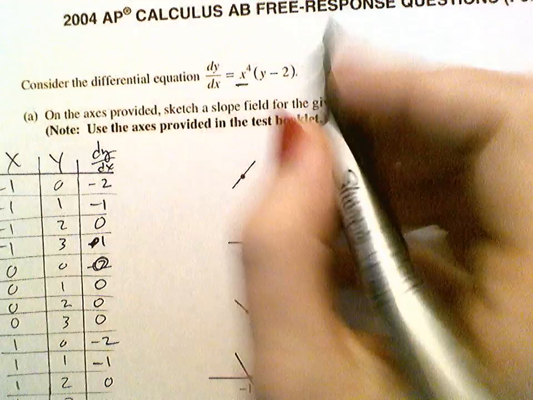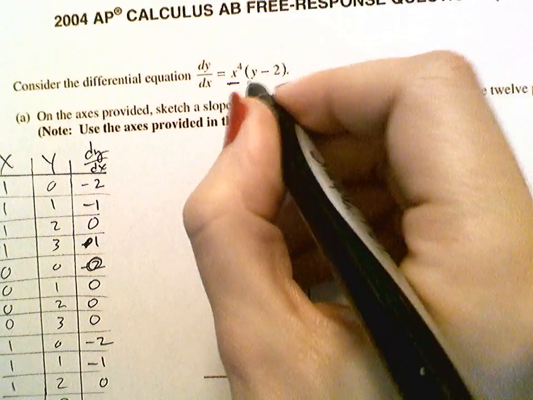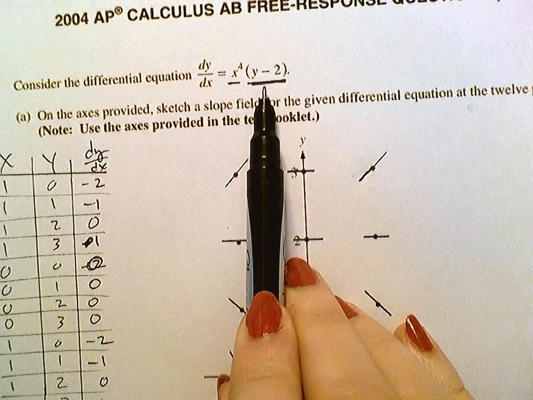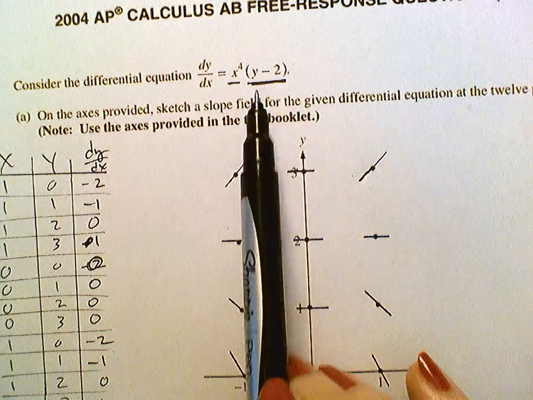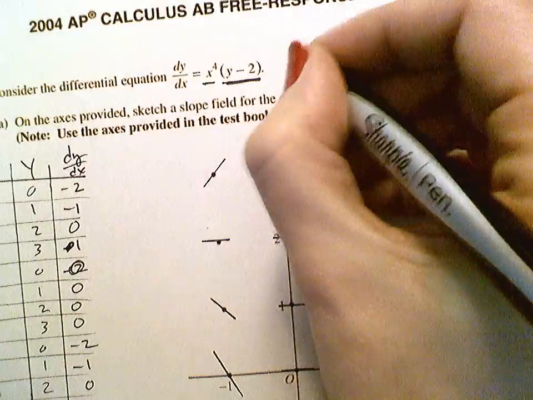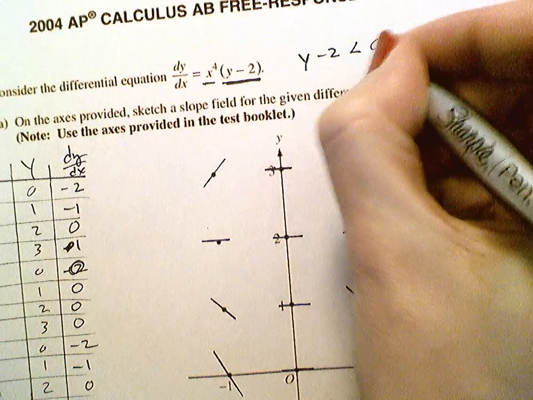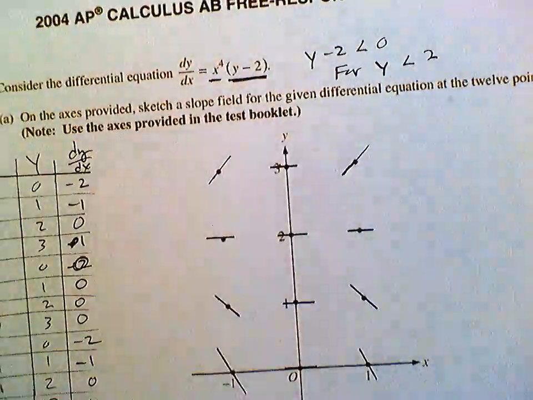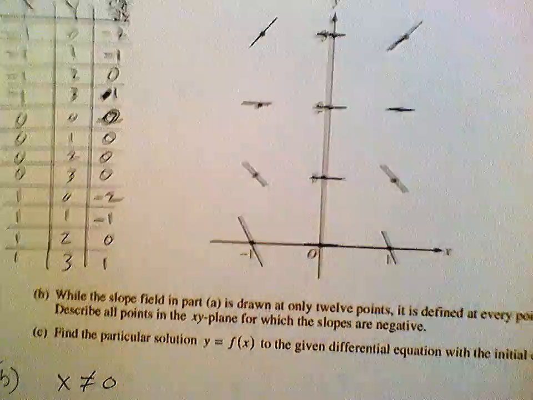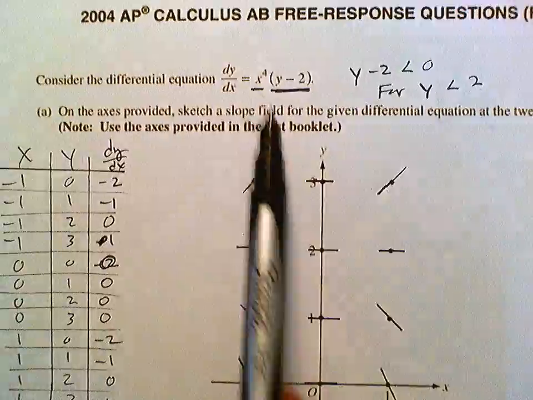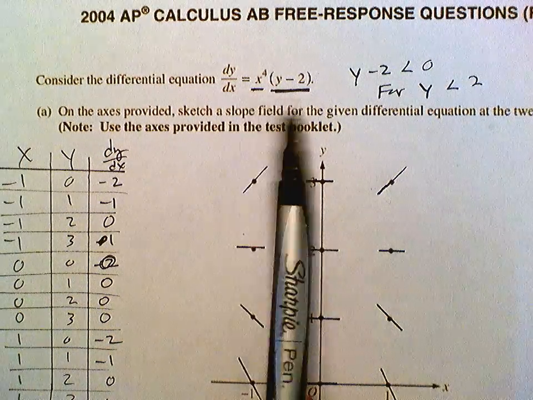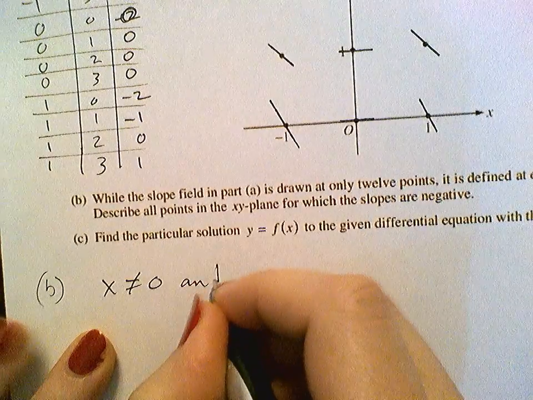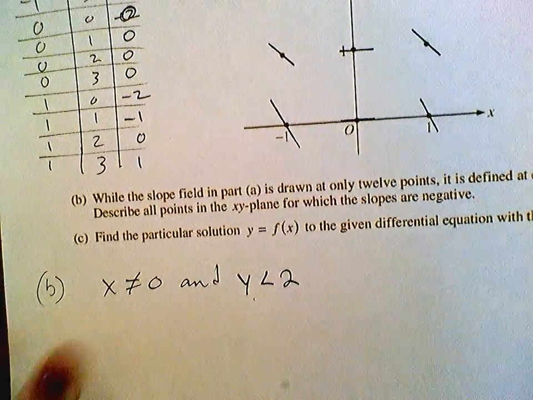So whether this is positive or negative depends on this factor giving us a negative output. y minus 2 is less than 0 for y less than 2. So if y is less than 2, we'd end up with a positive times a negative, which gives us a negative slope. So x can't be 0, and y is less than 2.